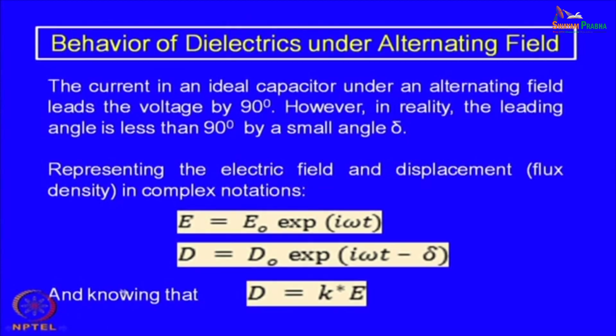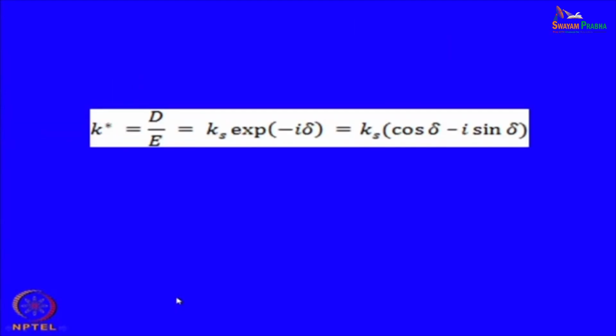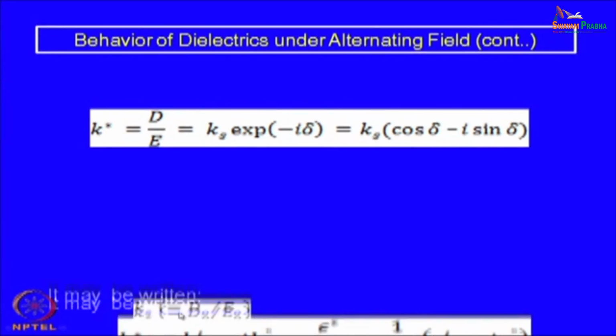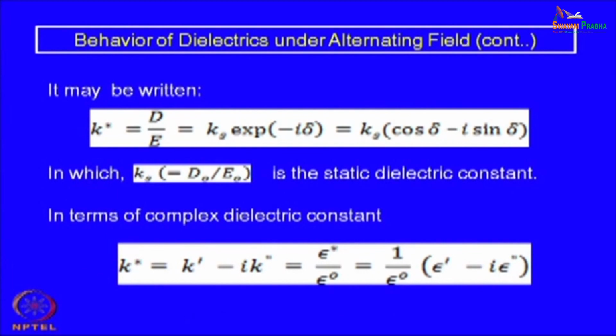And knowing that D and E are related by the complex quantity, the dielectric constant, and in this case it is k star, not k prime which we have used earlier. We use k star because it is now a complex quantity, and therefore, D equal to k star into E. This we can further write as k star equal to D by E, and we can divide it into two components, one is the real component, another is the imaginary component.